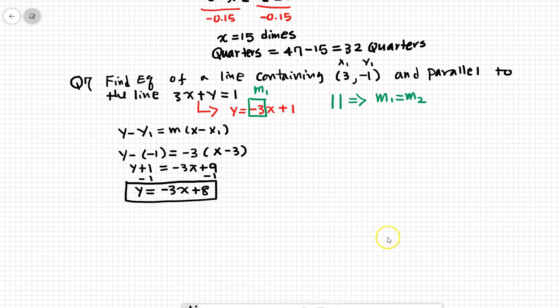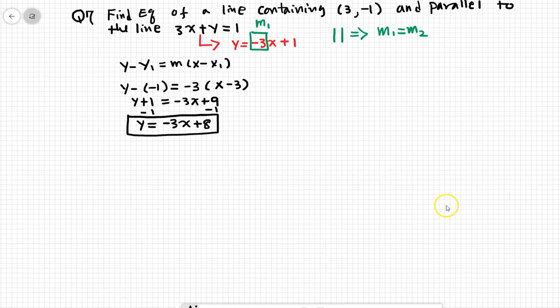Okay. So now the next question, question 8. We are solving a linear inequality in two variables. So we have 3x plus 4y is greater than or equal to 12.